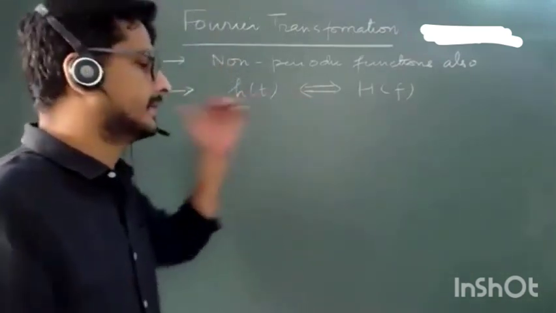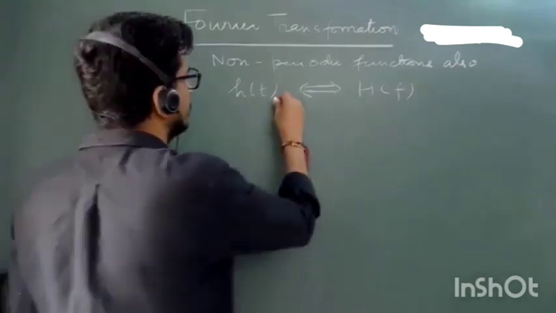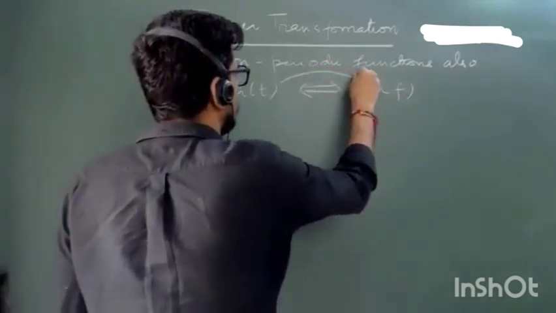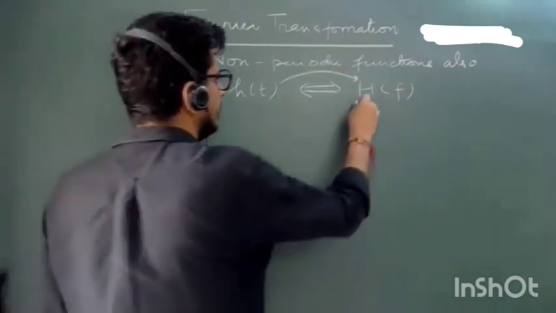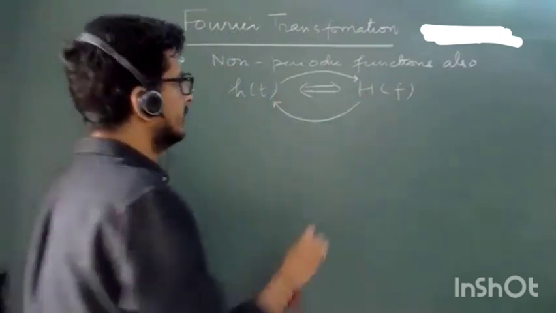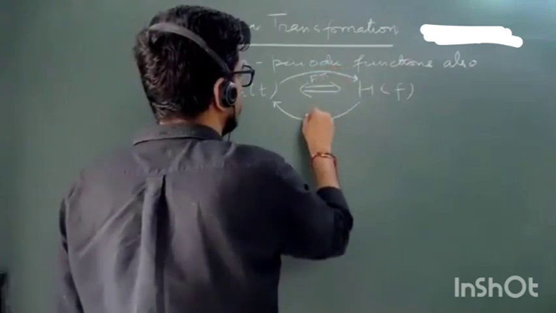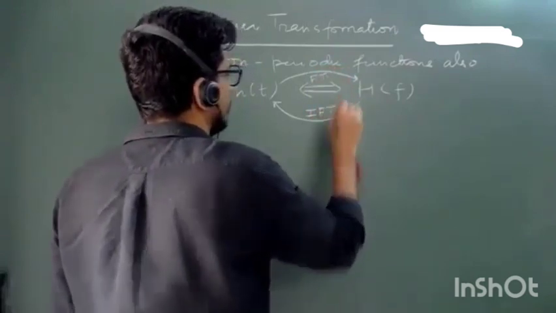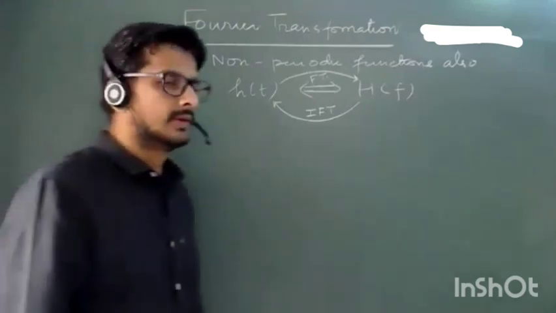So both are different functions, so that's why I am using this notation. Going from here to here, I call this a Fourier transformation. Then coming back from here to here will be inverse Fourier transformation.